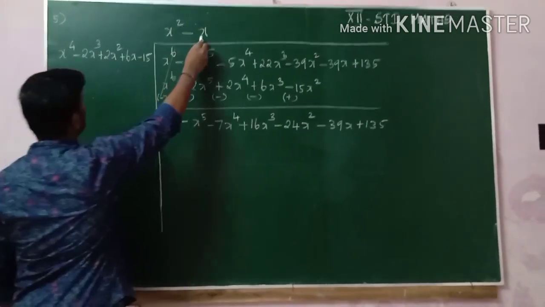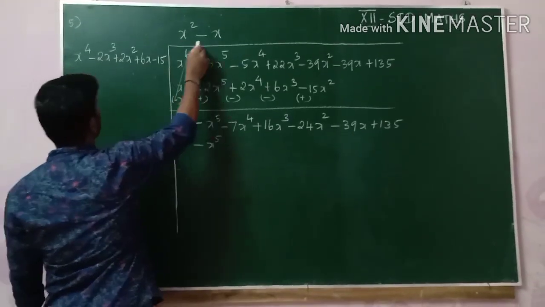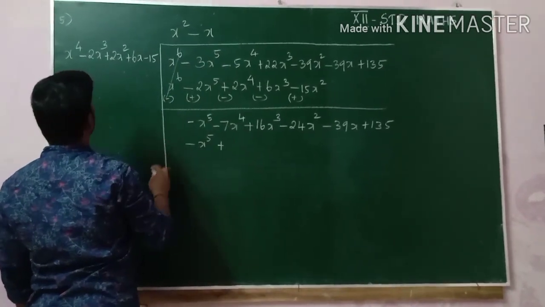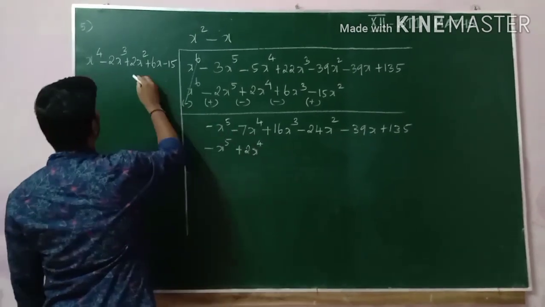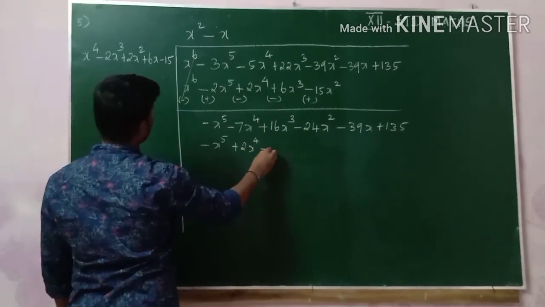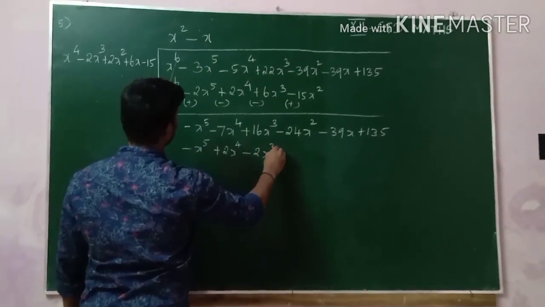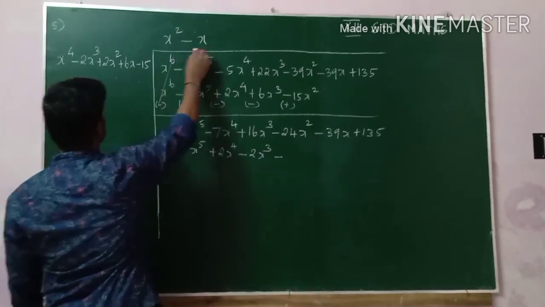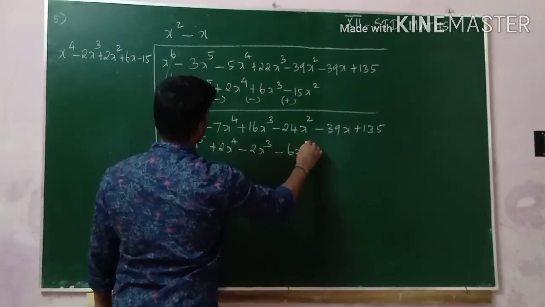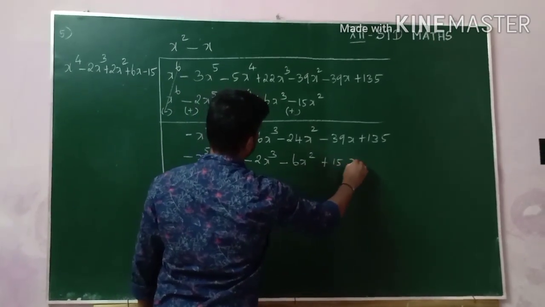X power 4 into minus x, minus x power 5. Minus into minus, plus 2x cube into x, it's 2x power 4. Then plus into minus, minus 2x square into minus x, it's minus 2x cube. Then plus into minus, minus 6x into x, 6x square, then minus into minus plus 15x.